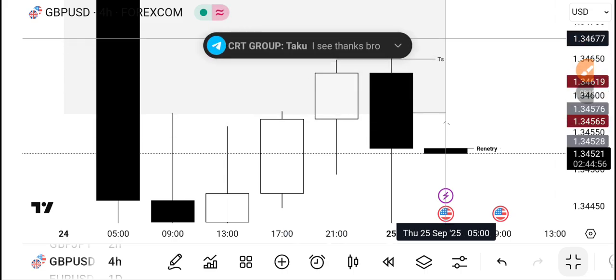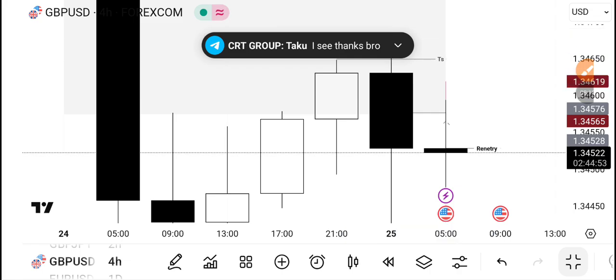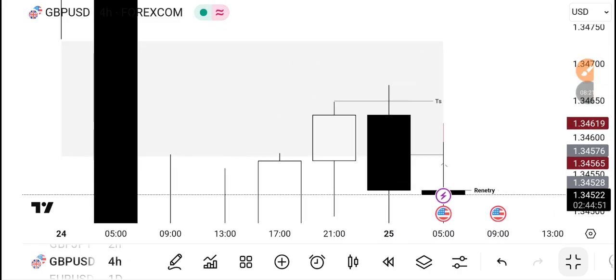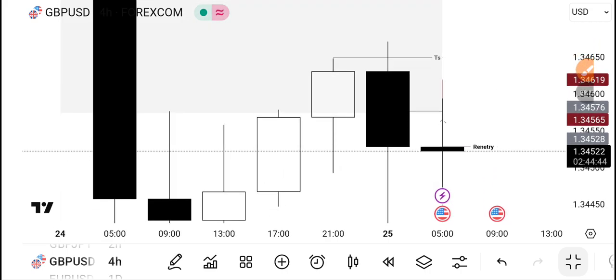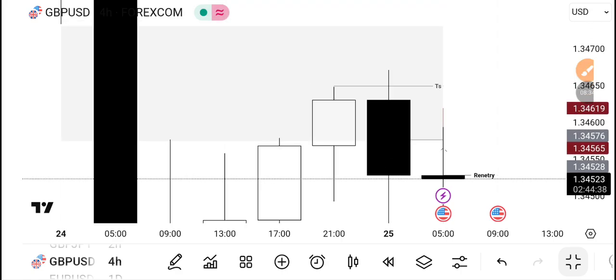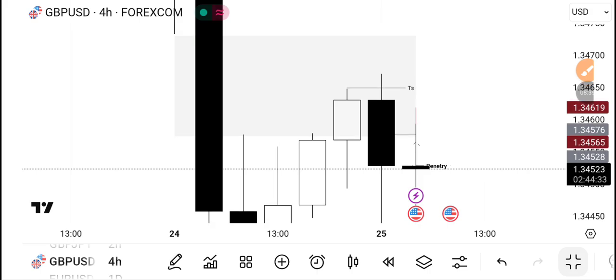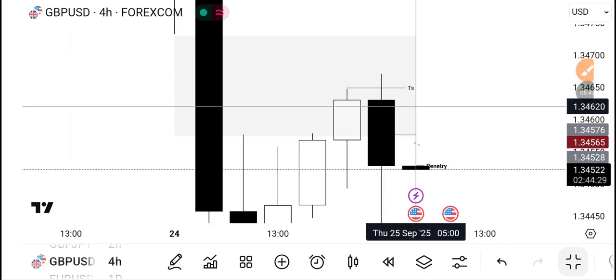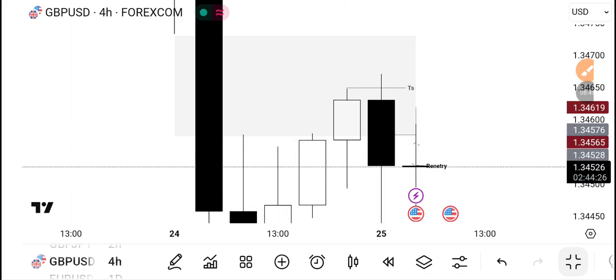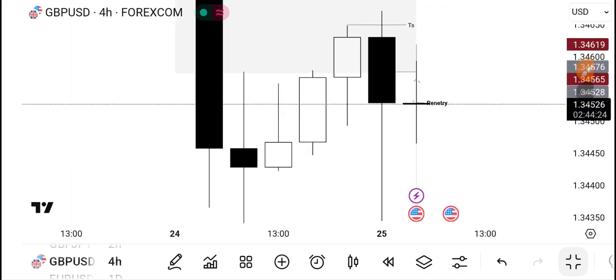Since price didn't close above, we'll be waiting for 5 a.m. to purge the 1 a.m. high and see what's popping up, either price closes inside or closes above. Once price closes above, then we'll wait for 9 a.m. to purge the 5 a.m. high, right? Then if 9 a.m. closes inside, then definitely 1 p.m., 5 p.m., 9 might dump.